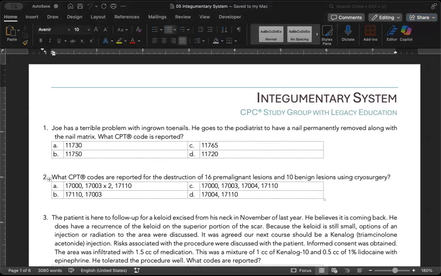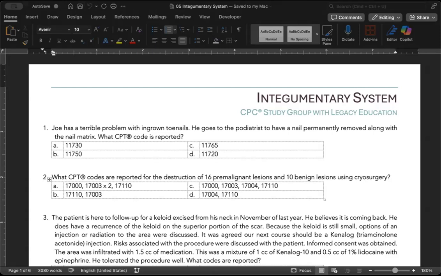We are removing the toenail. So we will do main term removal in the alphabetic index. Like I said, this one, we're just getting a little bit more comfortable with the index. Moving forward, like in some of the other questions that have multiple codes in the options, then at that point we'll start to do process of elimination.